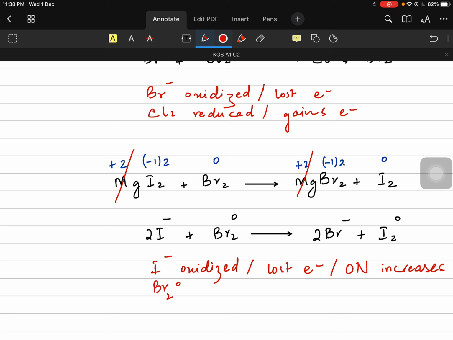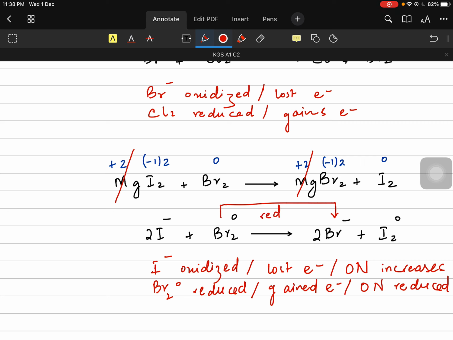Bromine is reduced because it must have gained electrons, and that is why its oxidation number must have decreased. So this is the reduction process, and the other one in the case of iodide is the oxidation process.